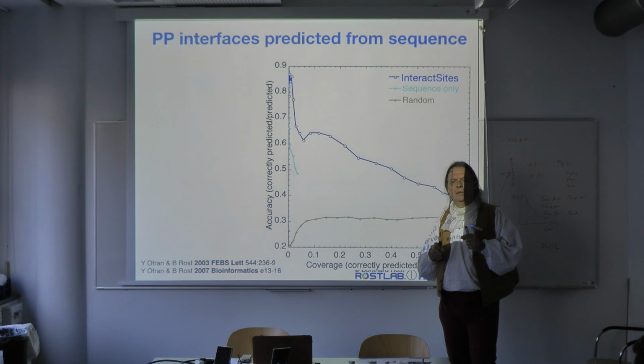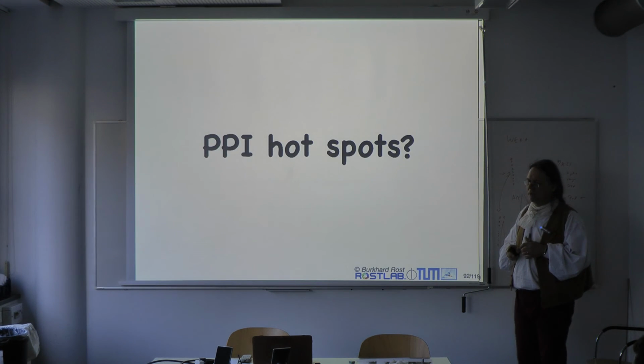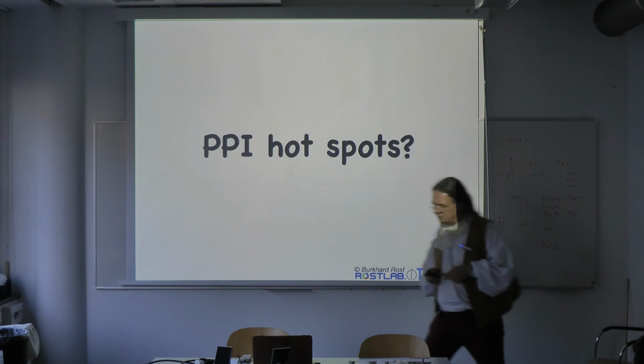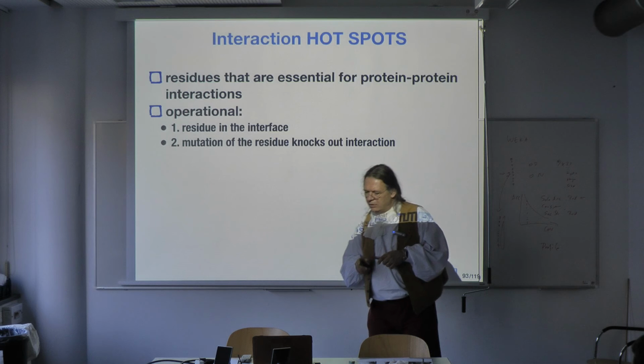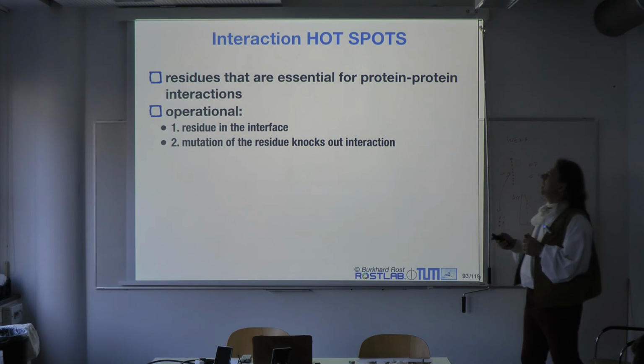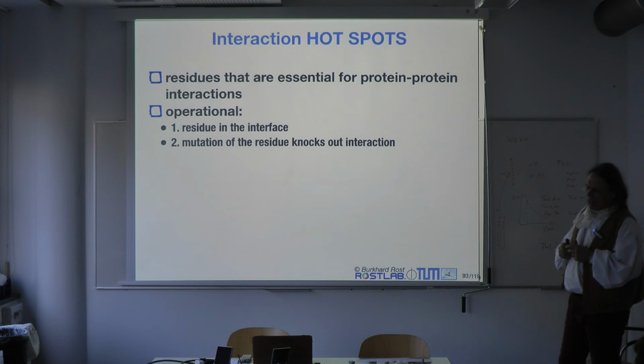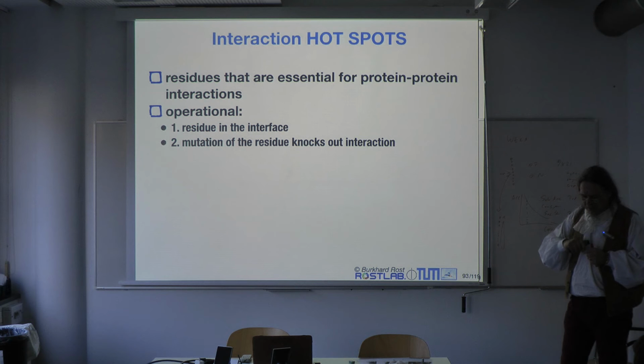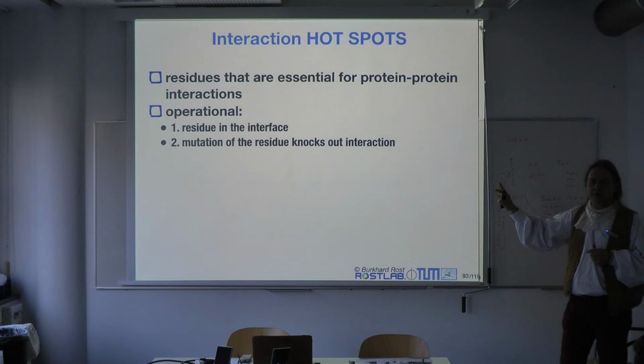Have you heard of the concept of hotspots in protein interactions? Anybody heard about that? So the idea of a hotspot is really, let me see, it's explained here. A hotspot is a residue that is essential for the interaction.